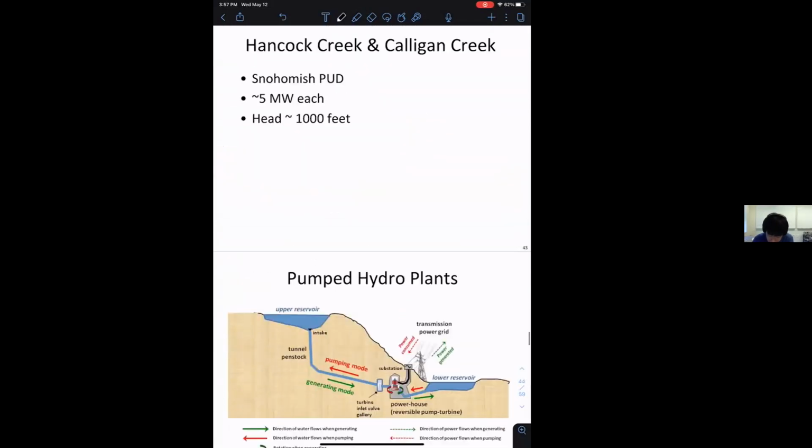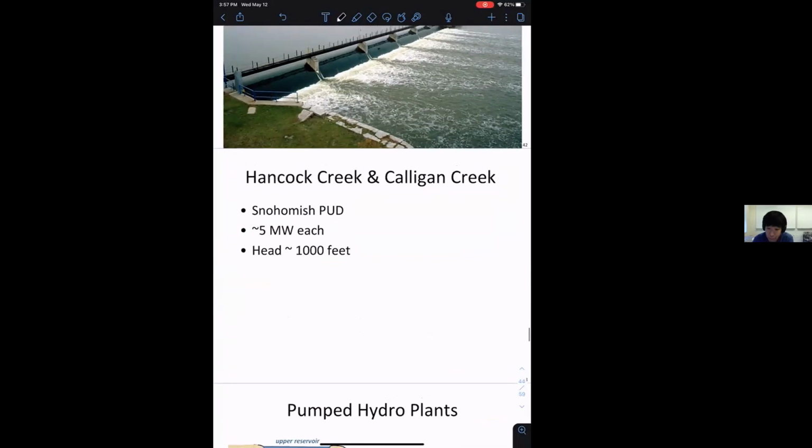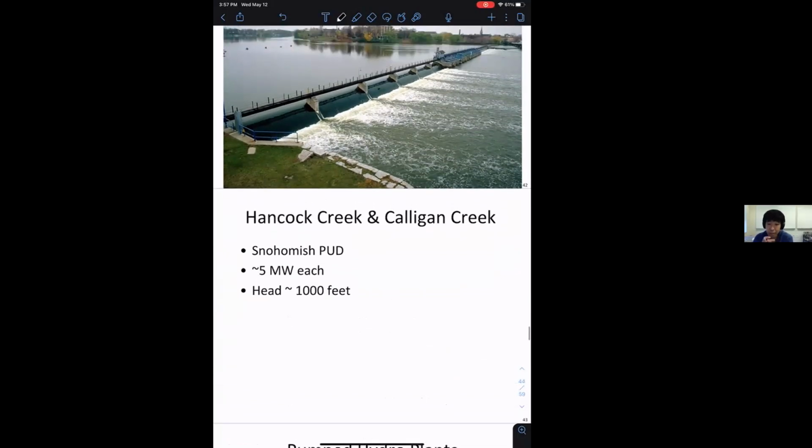I think they're operational now. So if you live within the area, some of your power comes from these run-of-river power plants. Any questions about these smaller power plants?